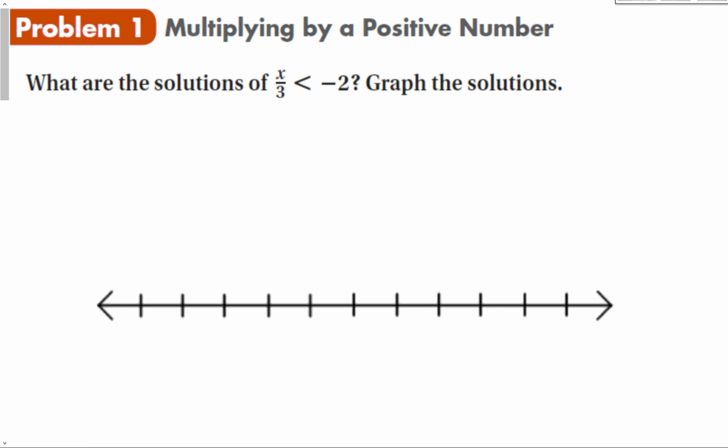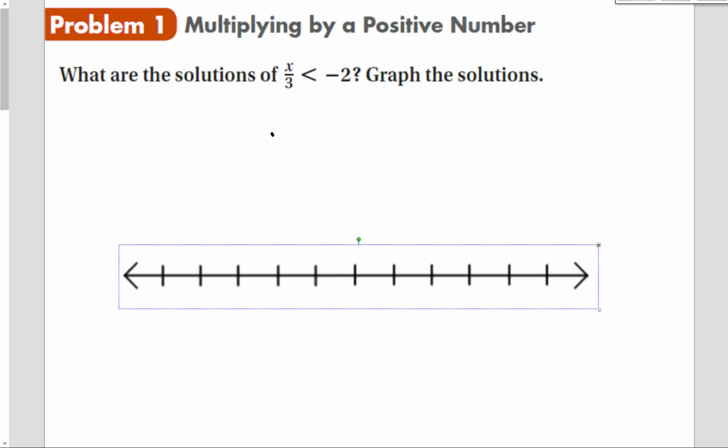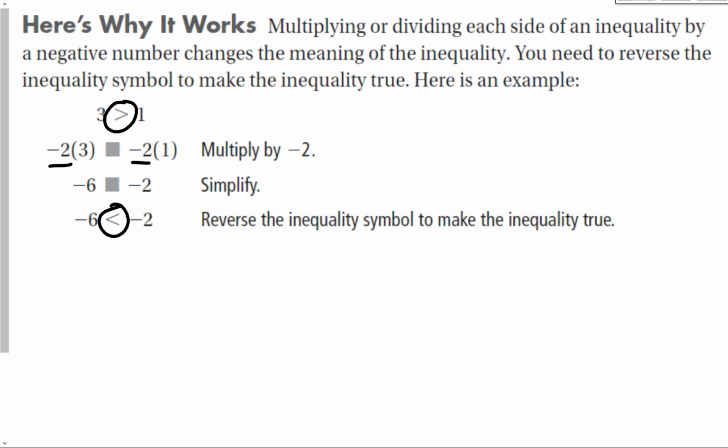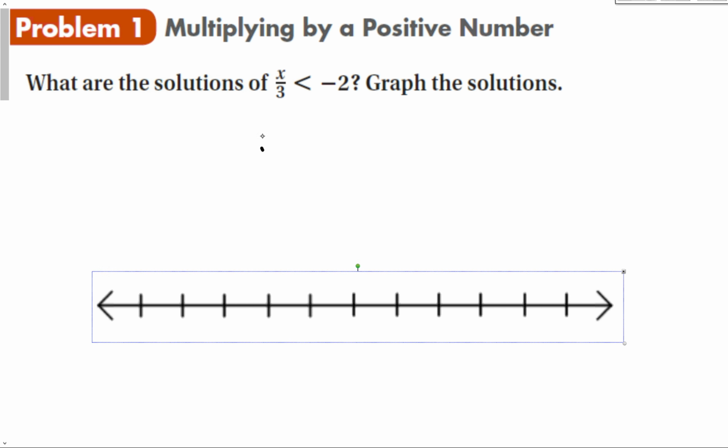For instance, when we solve this inequality right here, I have x over 3, which means x divided by 3. In order to solve this, x over 3 is less than -2. I'm going to multiply both sides by +3.